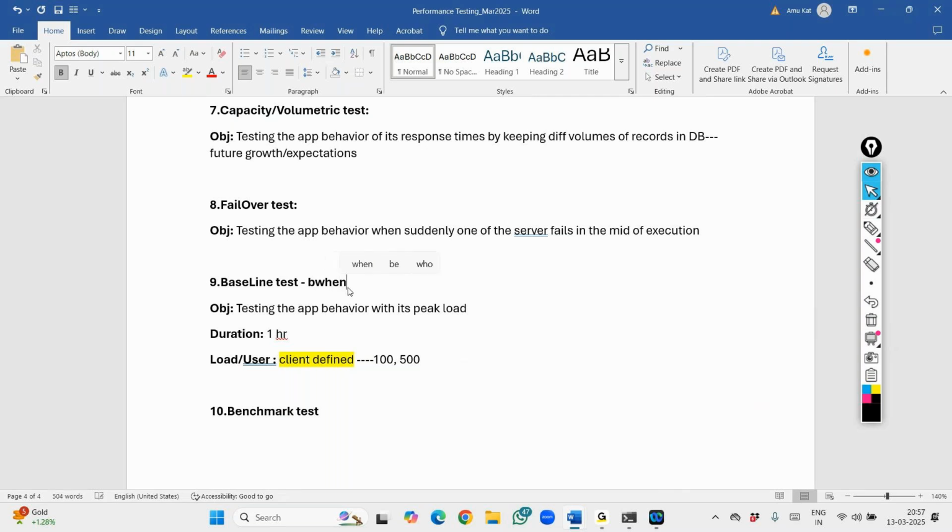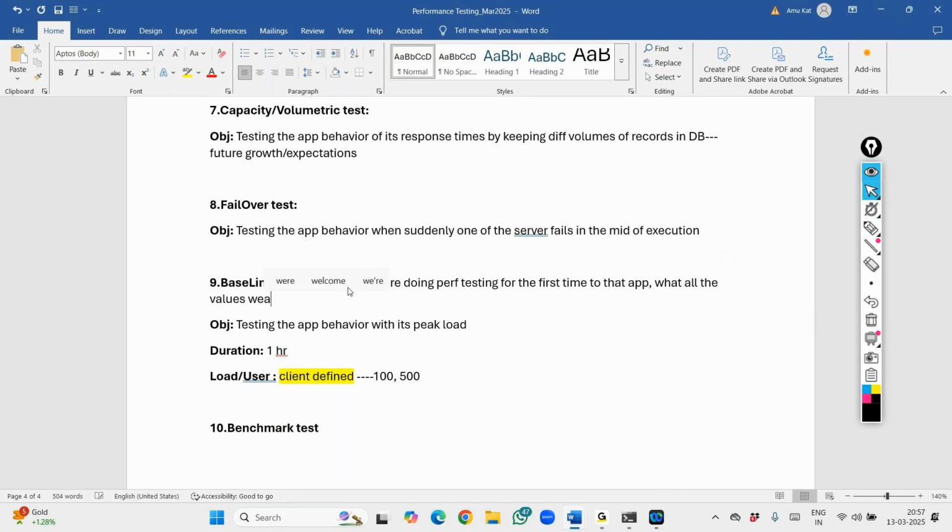So, whenever we are doing performance testing for the first time on an application, whatever values we get from that test are considered baseline values.